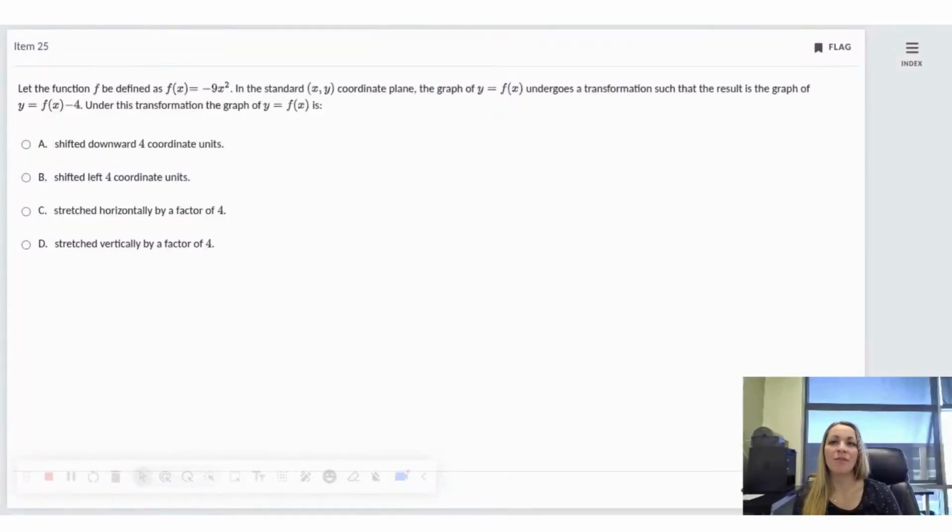Question number 25. Let the function f be defined as f of x equals -9x squared. In the standard xy coordinate plane, the graph of y equals f of x undergoes a transformation such that the result is the graph of y equals f of x minus 4. Under this transformation, the graph of y equals f of x is... Let's go to Desmos and just see what happens.